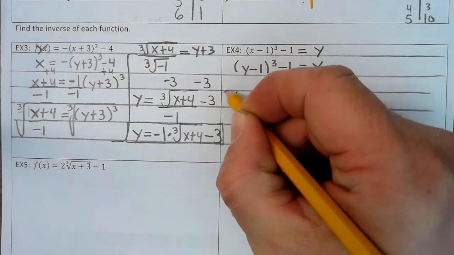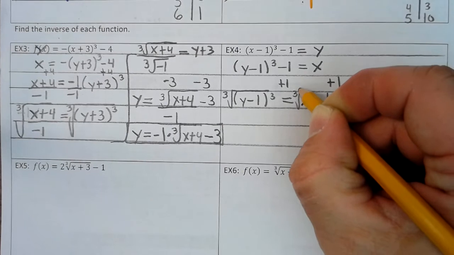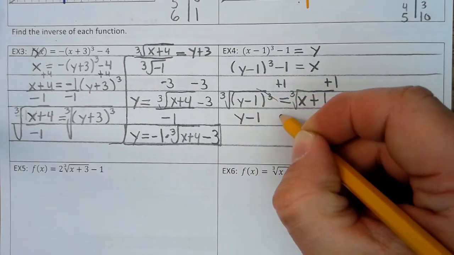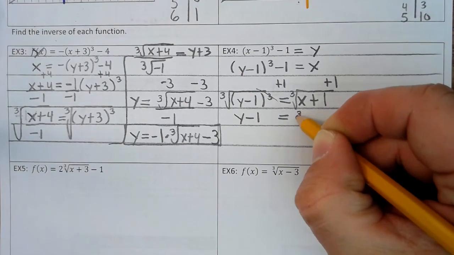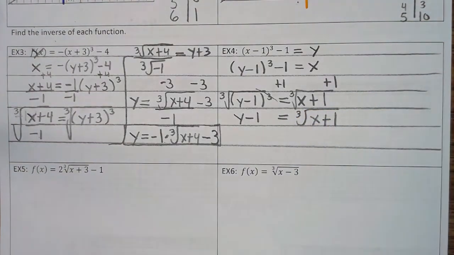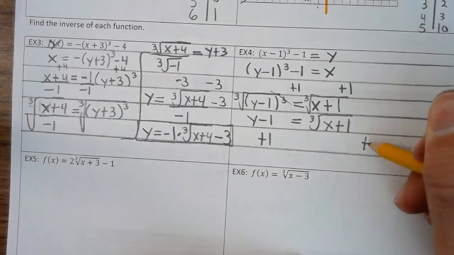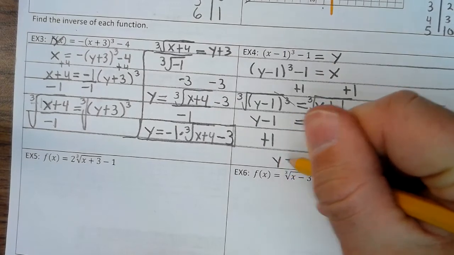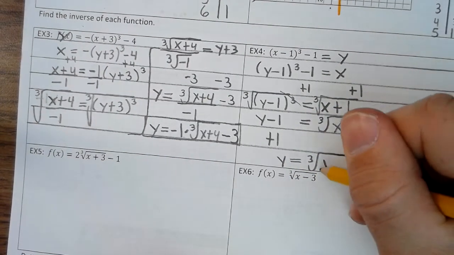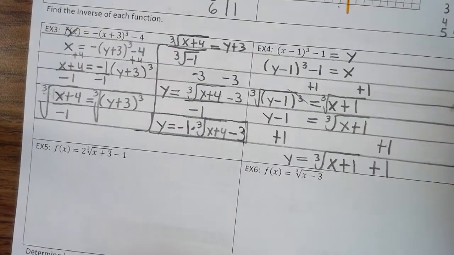We're going to cube root both sides. The cube becomes the power of 1 to get y minus 1 equals the cube root of x plus 1. Last step, add 1 to both sides. So then y equals the cube root of x plus 1, plus 1.